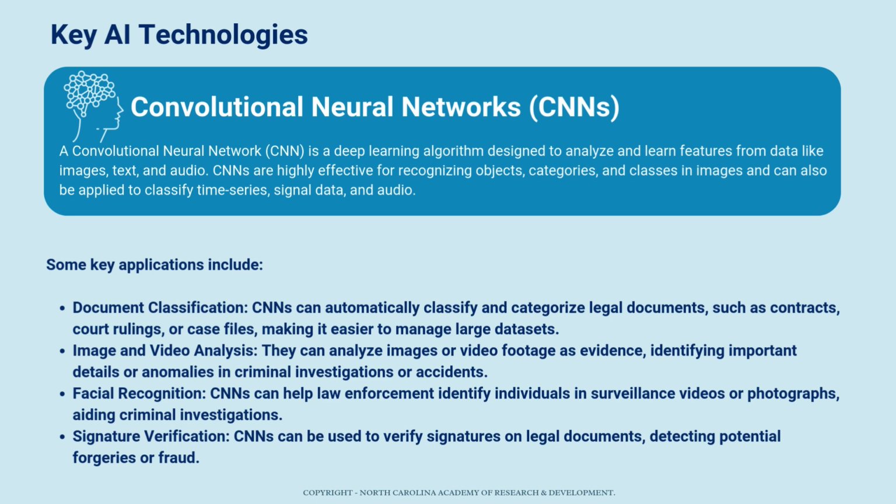CNNs assist law enforcement in identifying suspects from video footage or photographs, enhancing criminal investigations. Signature verification. They can verify signatures on legal documents, helping detect forgeries or fraud. By automating these tasks, CNNs are streamlining legal processes and improving accuracy in the legal industry.